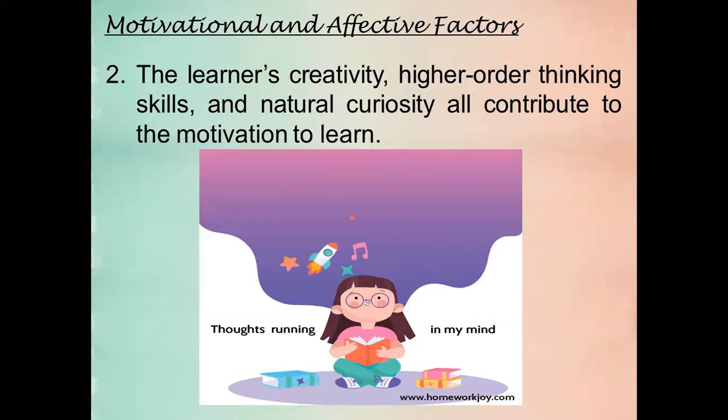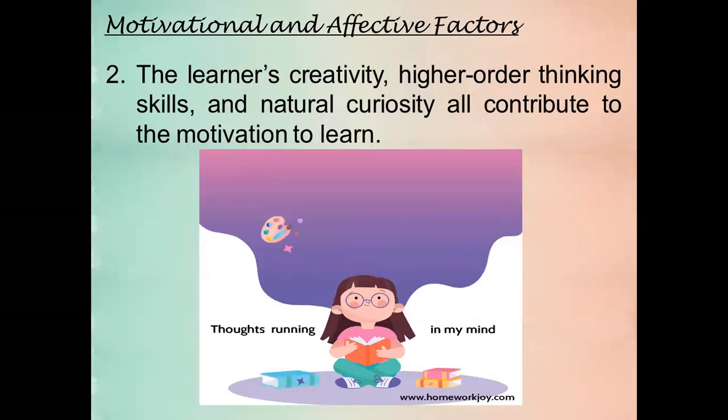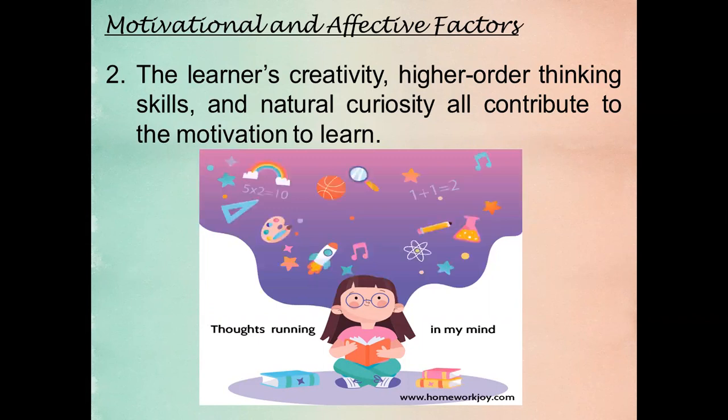So that is intrinsic, so inside within yourselves. But on the other hand, the extrinsic motivation is its direct opposite. A person engages in a task or activity to earn external rewards or to avoid punishments in some situations.